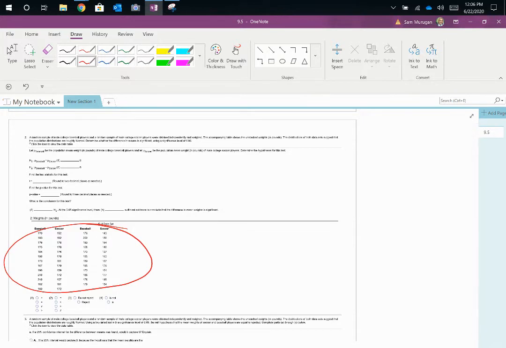A random sample of male college baseball players and a random sample of male college soccer players were obtained independently and weighed, two different populations. The accompanying table shows the unstacked weight in pounds. The distributions of both data sets suggest that the population distributions are roughly normal. Determine whether the difference in the means is significant using a significance level of 0.05.